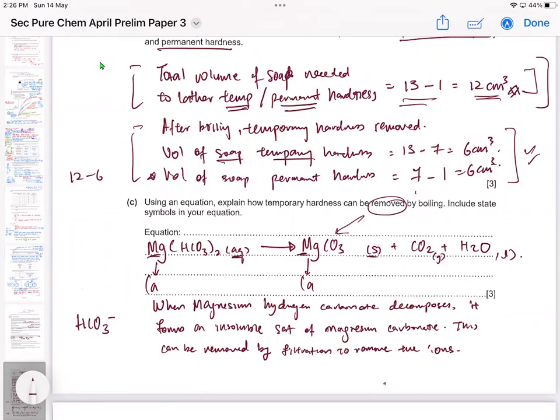Just to confirm, other than Kyoko, has anyone's school started on organic chem? Nobody, right? Okay. Oh, Frederick started on alkanes.